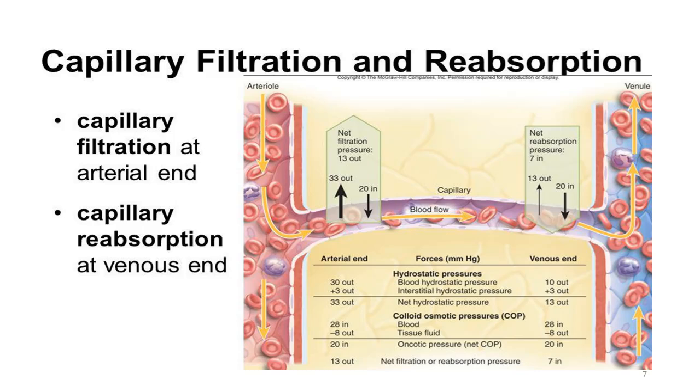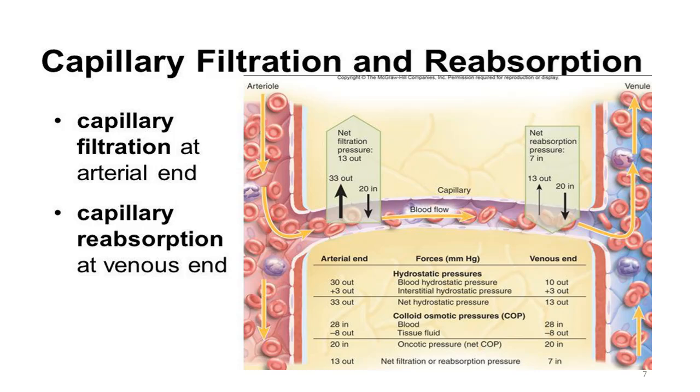We can say some reasons for this. One of them is that the pressure of the arterial end is 30 millimeter mercury, but this pressure at the arterial end exists in only about 1/3 of the capillary's length.